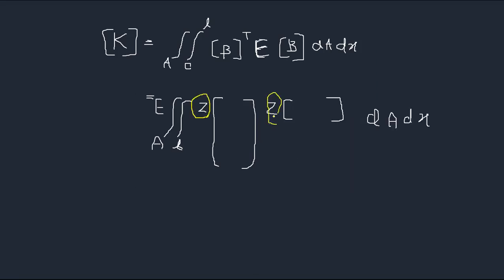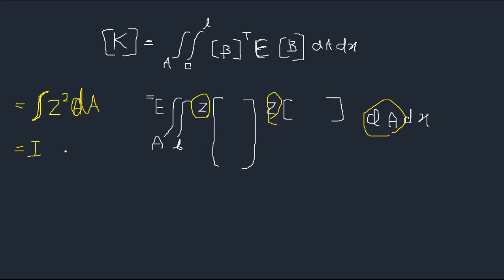Z into Z over dA. If you recall your structural analysis, this is Z squared dA. So what's that? The second moment of inertia I. I think you are familiar with y squared dA. Your section is defined in the xy plane, so then it's y squared dA.